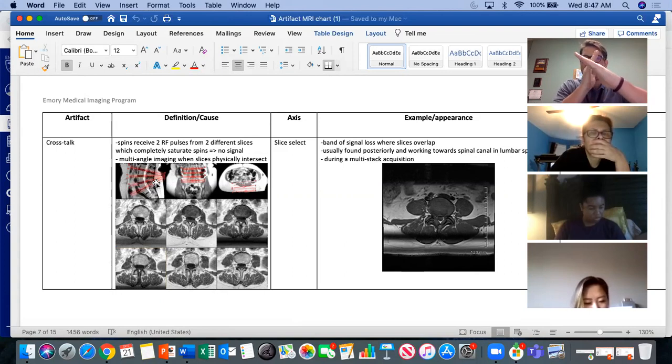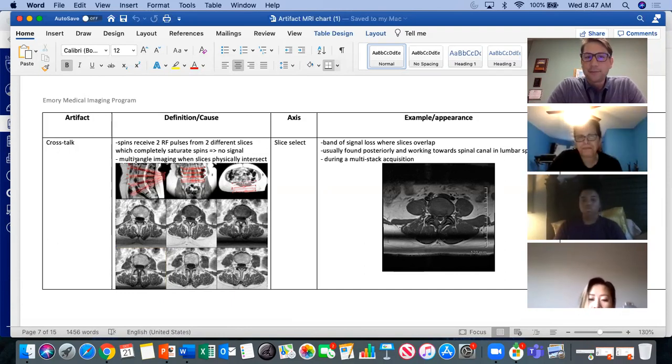The spin underneath that intersection will receive its initial 90-degree pulse, but since there are 2 slices above that spin, it's going to get another 90-degree pulse. We know if we go a complete 180, that's complete saturation, and we get 0 signal from that area. This usually happens in multi-angled imaging when slices physically intersect.